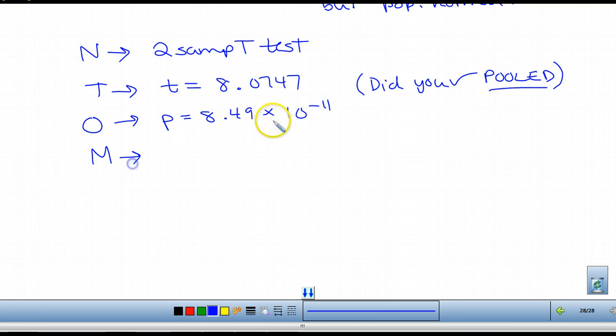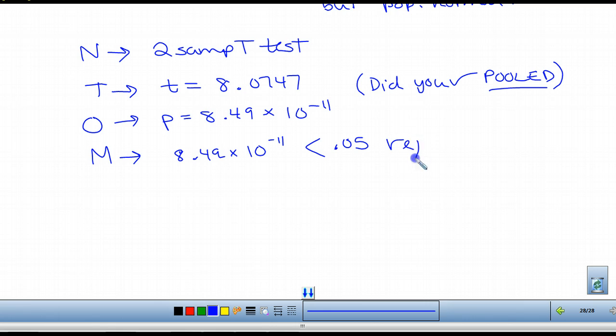Make a decision. That's times 10 to the negative 11, so I'm moving back my decimal place 11 places. That's really small. So my 8.49 times 10 to the negative 11 definitely is too small. It did not give us an alpha, so we're just going to say 0.05.